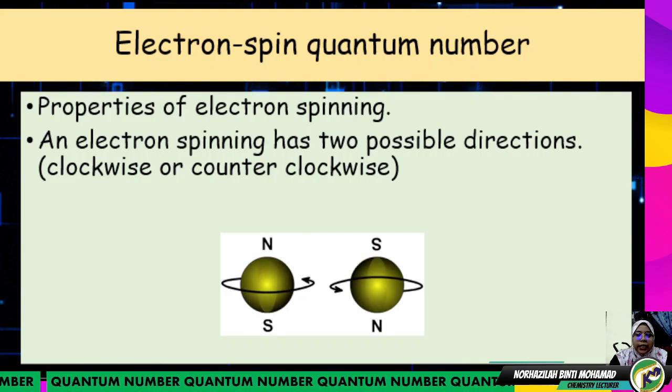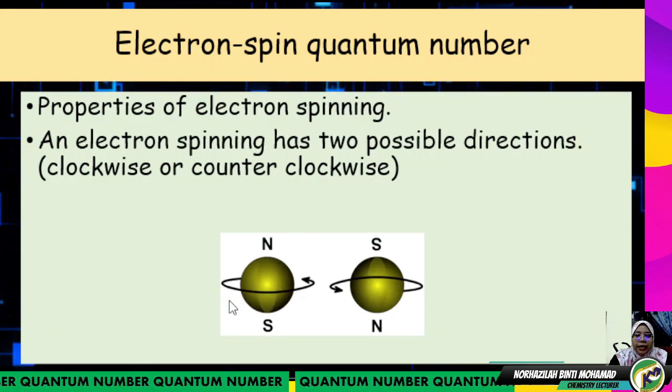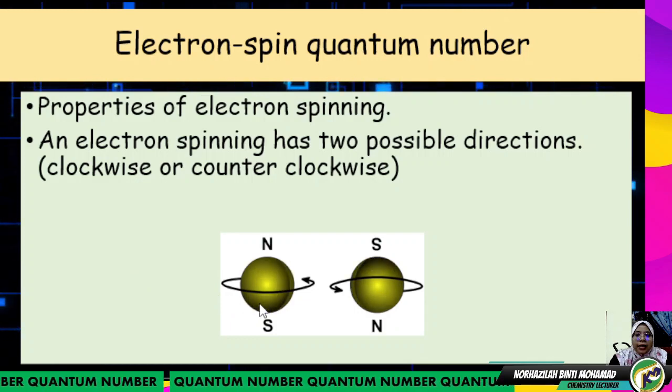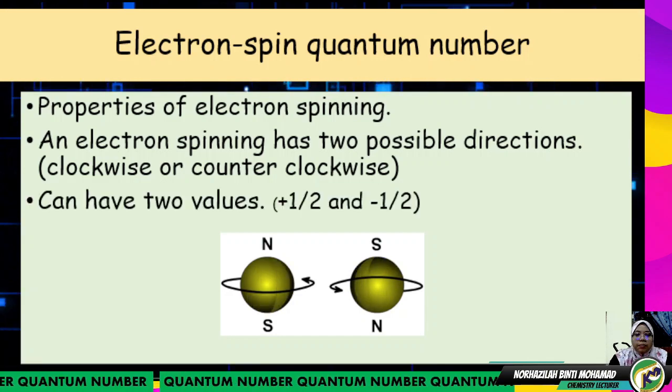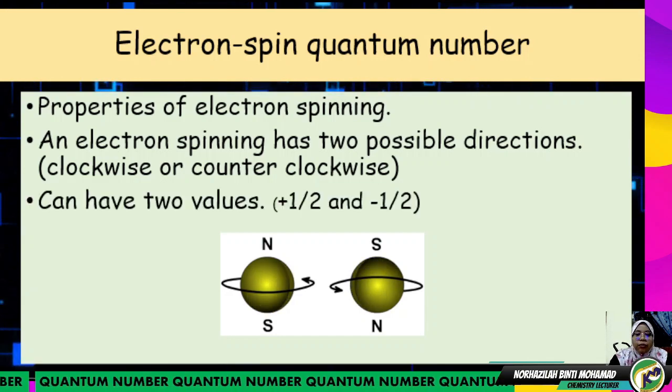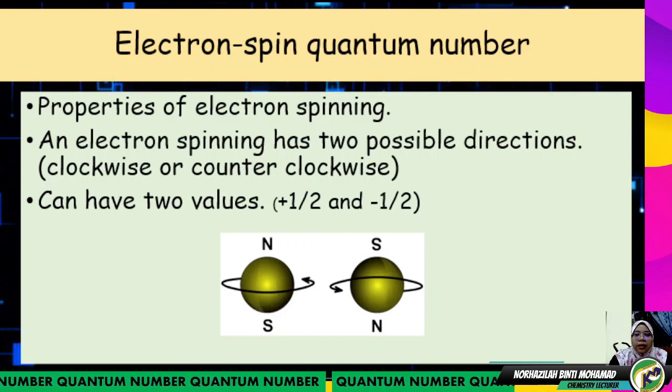You can see here, the electron on the left side rotates in the clockwise direction. The electron on the right side rotates in the counterclockwise direction. So the electron spin quantum number can have two values, which are positive half and negative half.